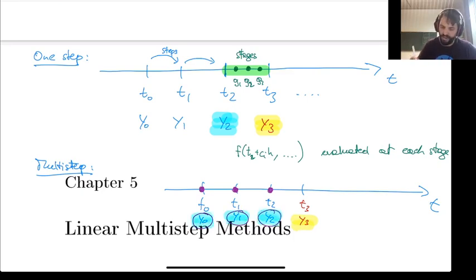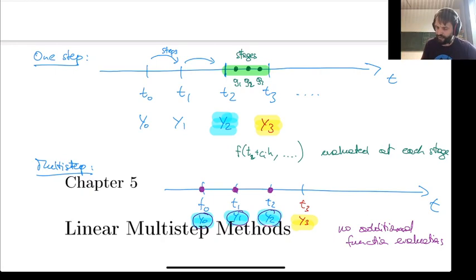So there's no additional function evaluations, because at those points here, we have already evaluated f before. To compute y1 and to compute y2, we had to evaluate f of y1 and f of y2.